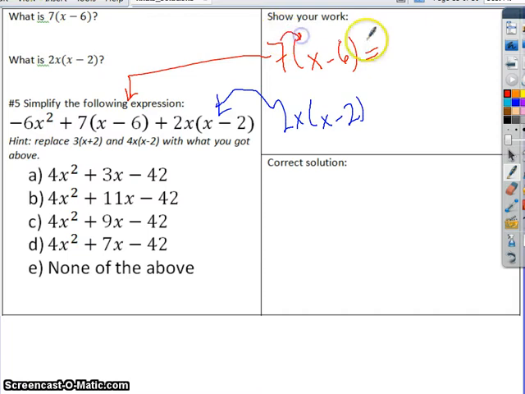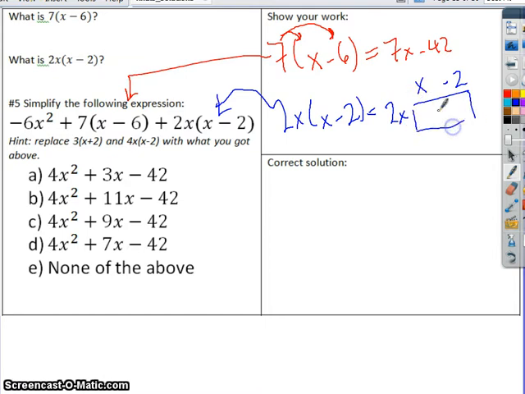So distribute the 7 to the x, 7x, and 7 times 6 is 42. And then I'm going to use the box method for this part. Put a monomial on the side and the binomial on the top. And I get 2x to the second power, and negative 2 times 2 is negative 4x. So this is 2x squared minus 4x.